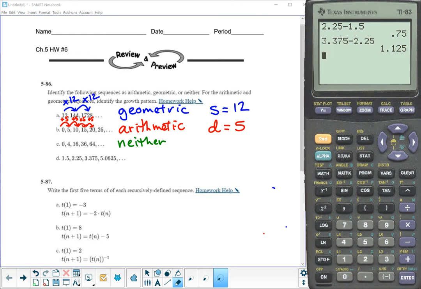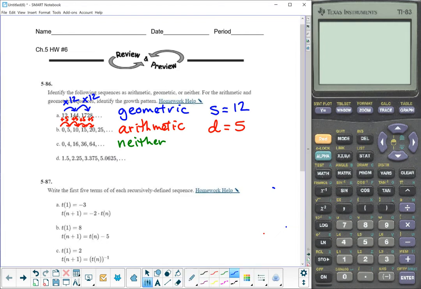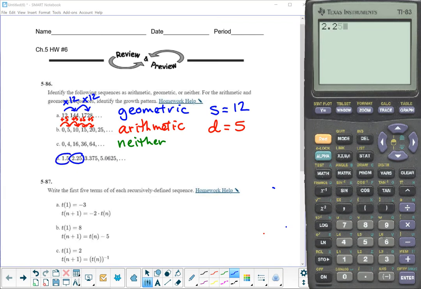Then I'm going to clear out my calculator and try to see if this is going to be geometric by taking the latter number, 2.25, and dividing it by the earlier number, 1.5. So 2.25 divided by 1.5, and I get 1.5.